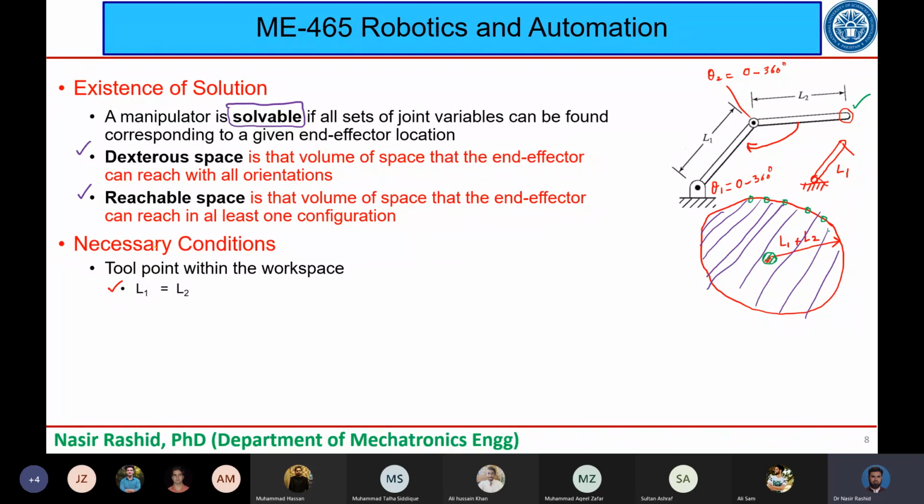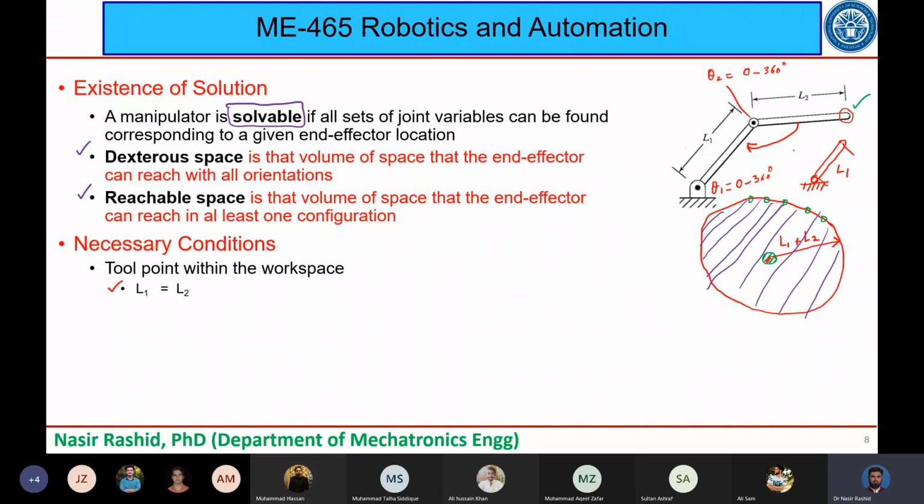So on the circumference, my manipulator can reach a certain point in only one configuration. But if we can reach in one configuration, that becomes our reachable space.